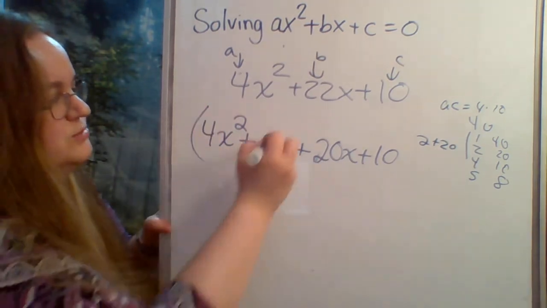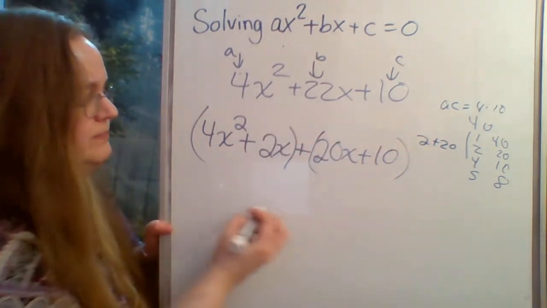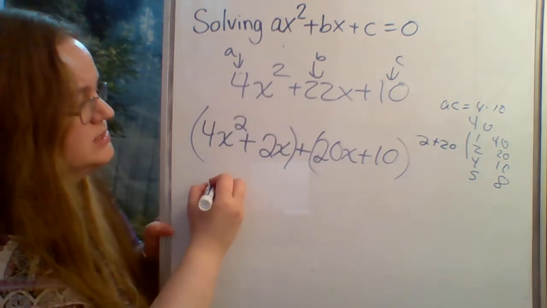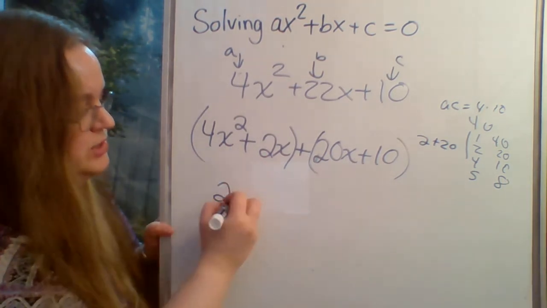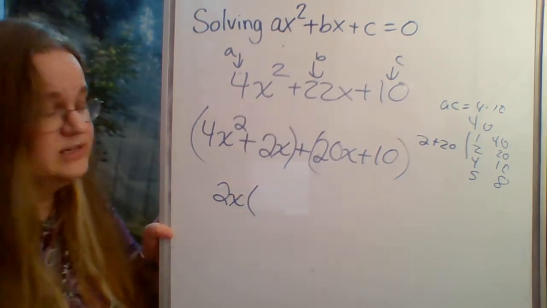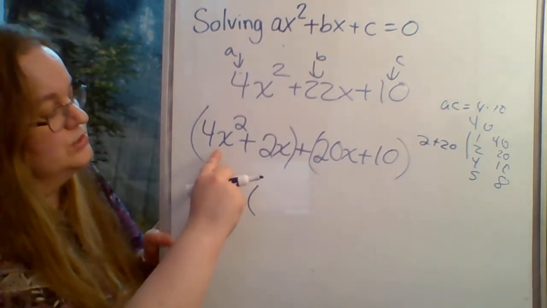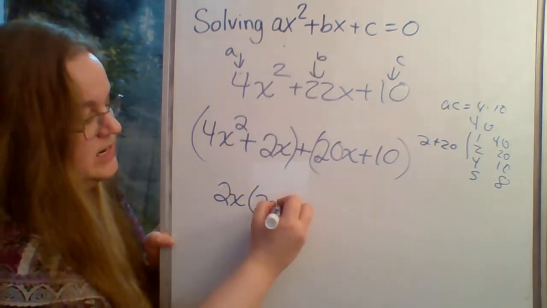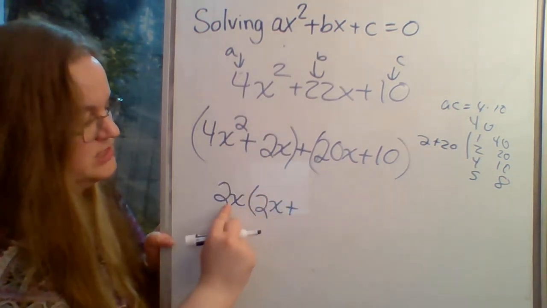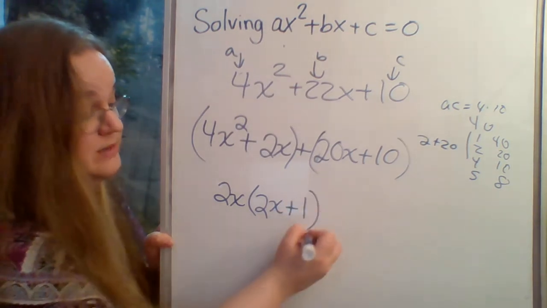And now I can factor by grouping. So when I look here, between 4 and 2 the common factor is 2. I've got an x squared and an x, so I can factor out 2x. So 4 divided by 2 is 2, and x squared divided by x is x, plus 2x divided by 2x is just 1.